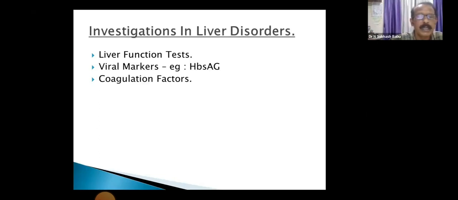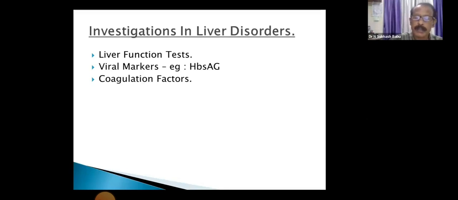Why? Because if the albumin is low, there will be edema of the lower limbs, the nails will be white, and muscle wasting will be there.